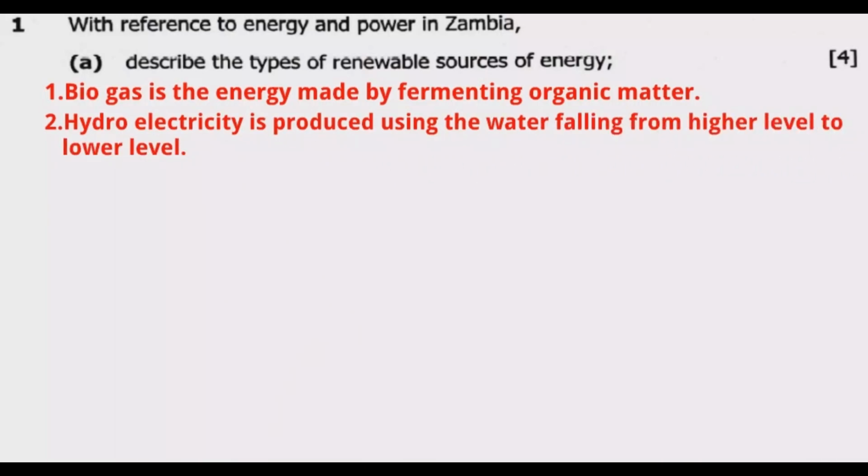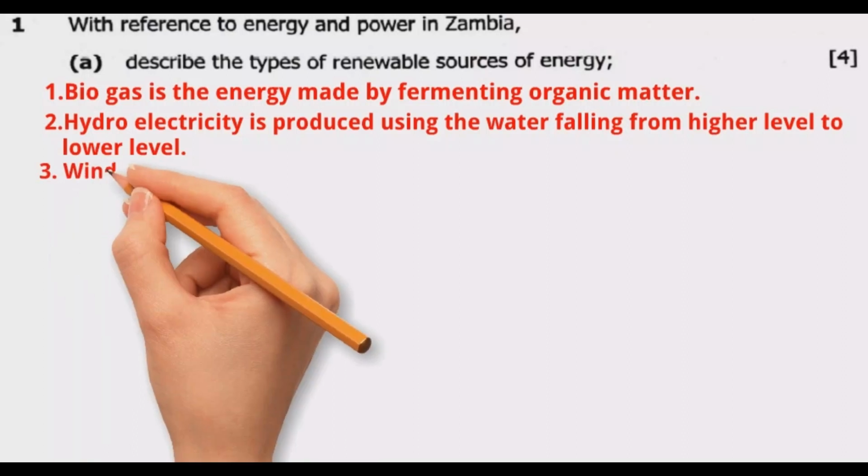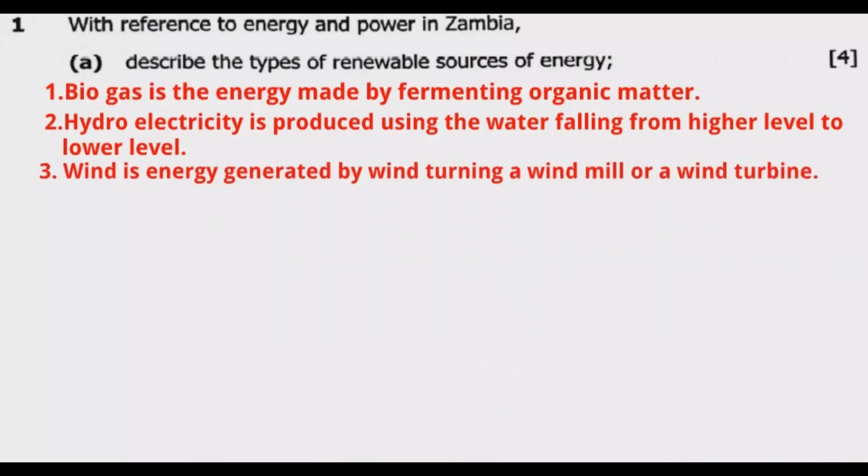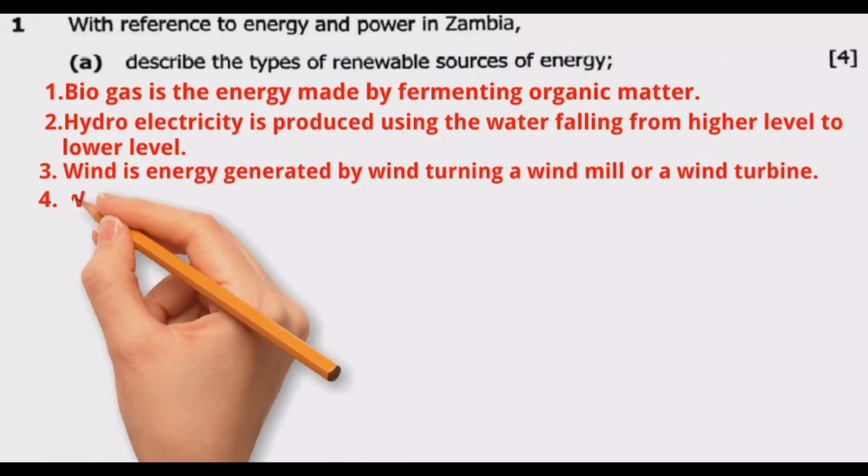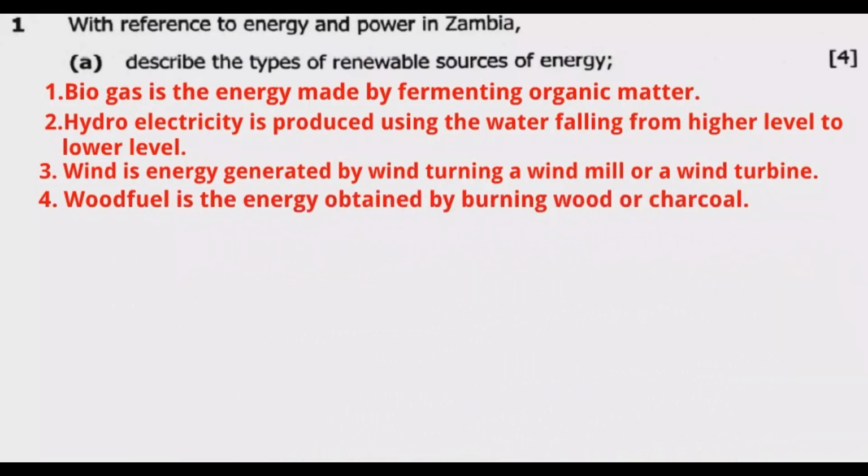Hydroelectricity is produced using water falling from a higher level to a lower level. 3, wind is energy generated by wind turning a windmill or a wind turbine. 4, wood fuel is the energy obtained by burning wood or charcoal. Those are the 4 points that we're going to use to construct a short essay.